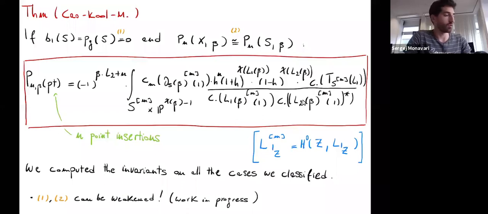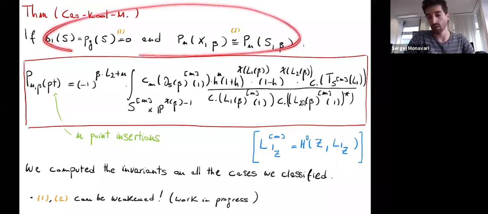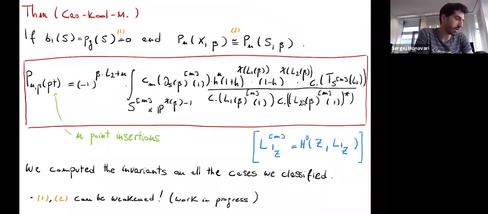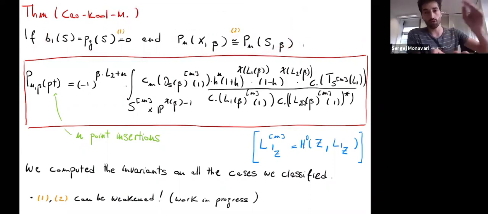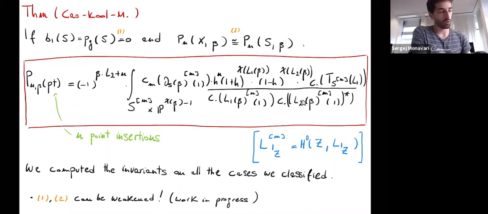Of course, you need to satisfy conditions 1 and 2. Let me say that I've been thinking lately on how one can weaken this. I'm sure that you can weaken it. You can also ask not just everything to be scheme-theoretically supported on the zero section, but I expect that you can also thicken it out. What I expect is that you will have to replace this with something more exotic, probably singular, but still with a virtual fundamental class.